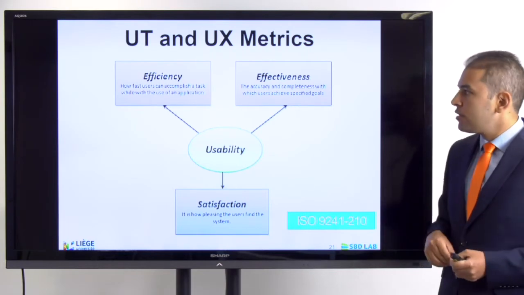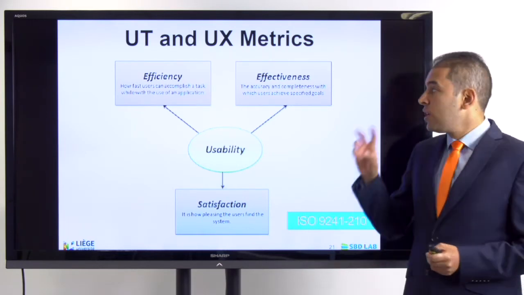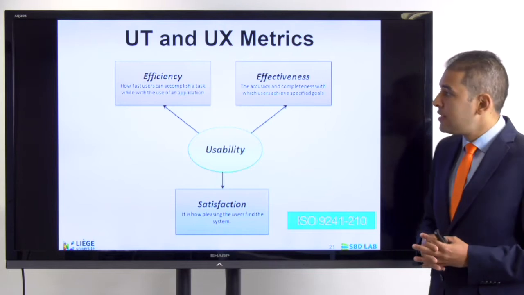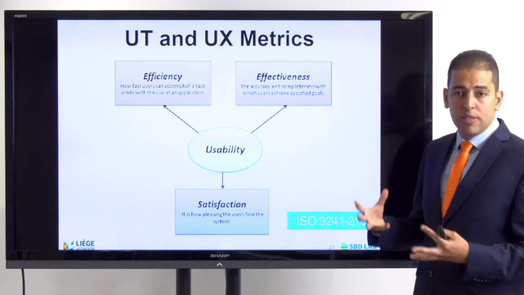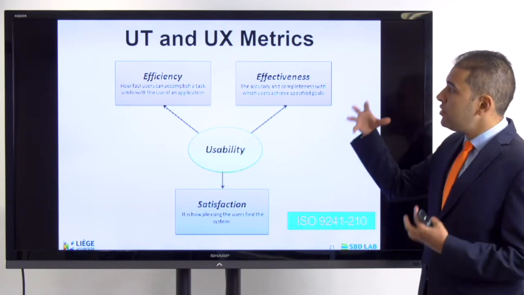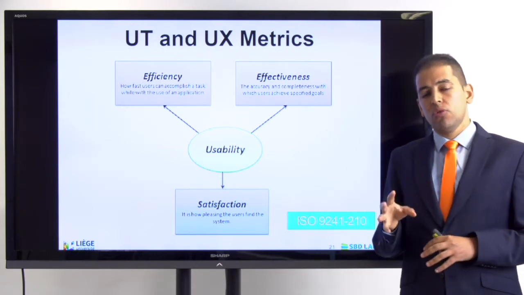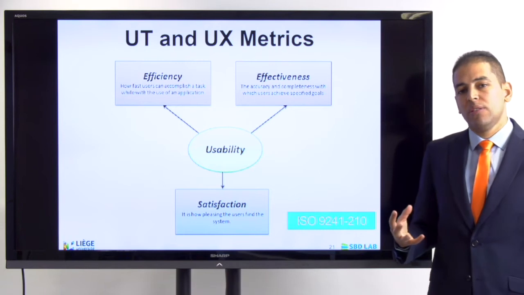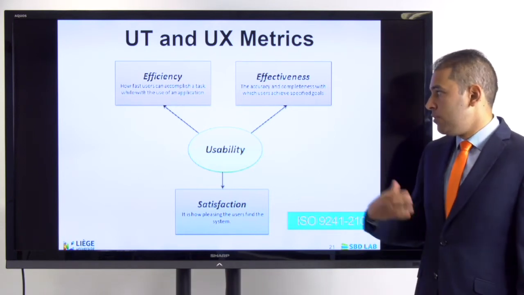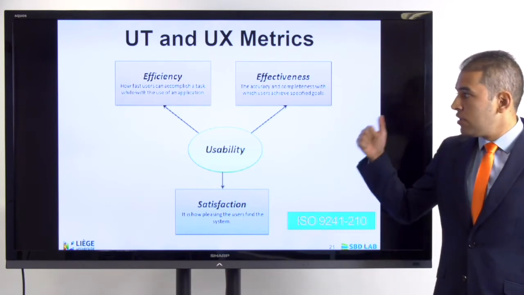Now, let's go further into detail. ISO 9241 talks about three major metrics that are helpful to measure the usability of the solution and the user experience. Those are the three most famous metrics used in user experience and usability testing evaluations. First of all, efficiency.